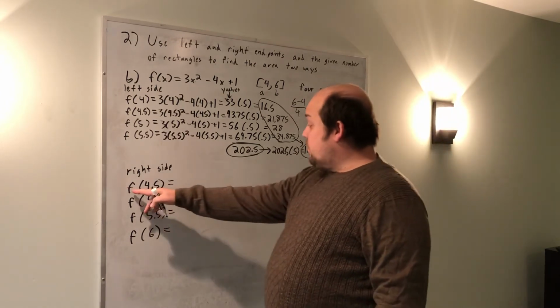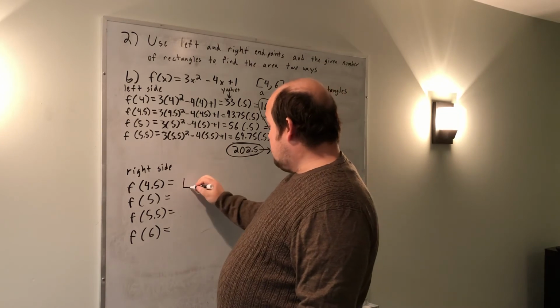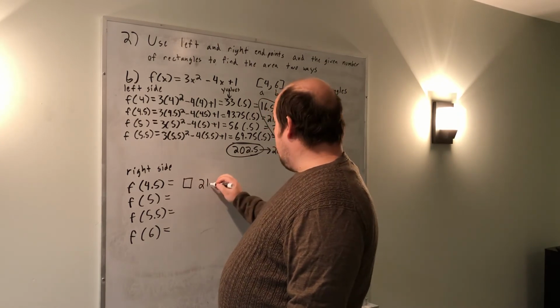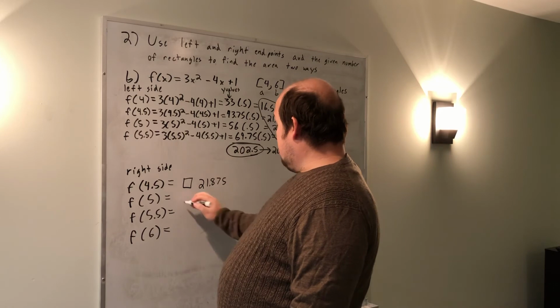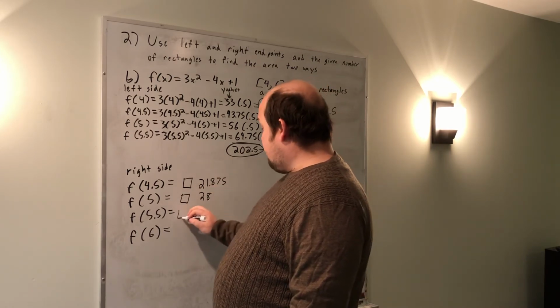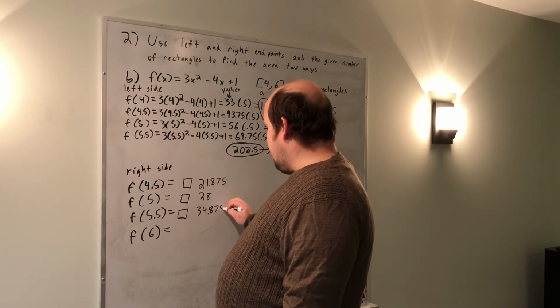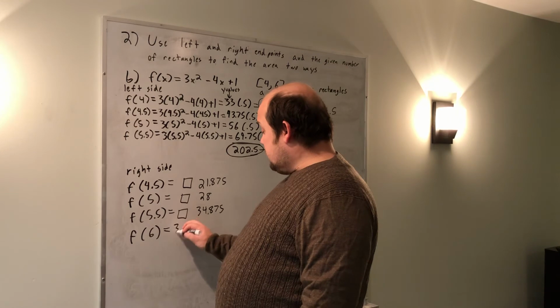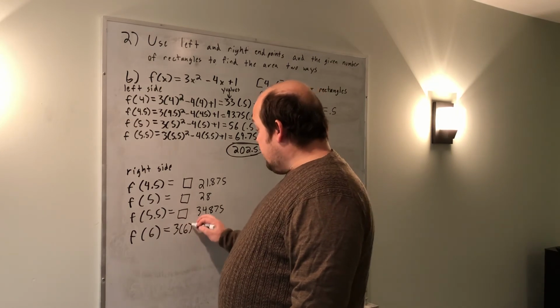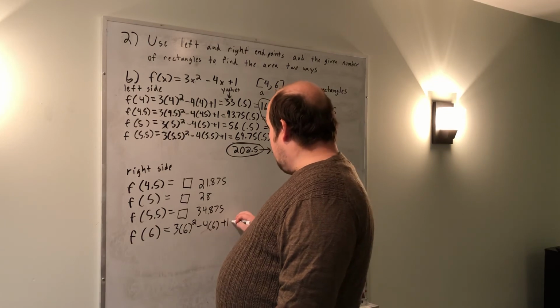We know that when we did 4.5 above, we got an area of a rectangle of 21.875. Same thing for 5, we already got 28. And for 5.5, we already got 34.875. Only thing we need to do is calculate for 6. 3 times 6 squared minus 4 times 6 plus 1.